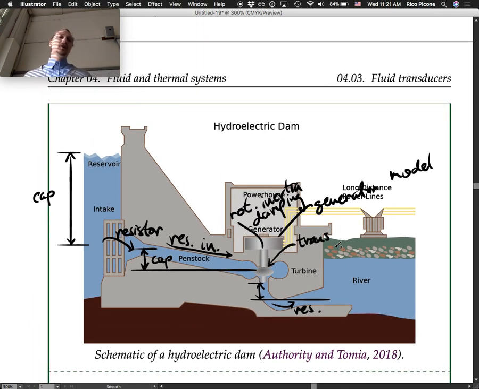Oh, and then you have to assume that this reservoir is being fed by something, right? So probably the runoff from rainfall or snow melt or whatever's feeding the reservoir. So you've got some source coming in.